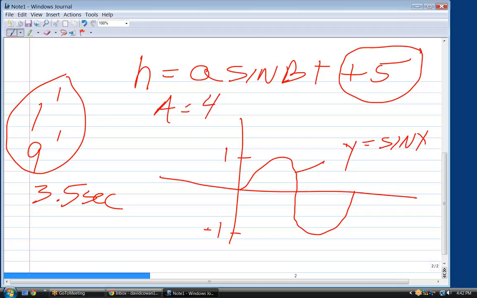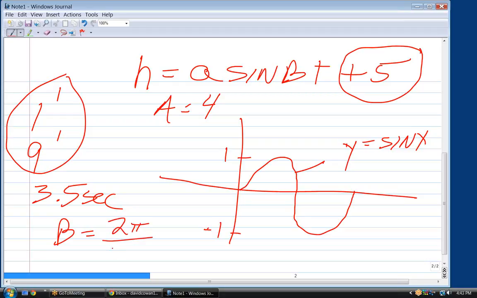Now, how do we get B? If you found the period and then multiply that by 2 pi? B is very simple. It's equal to 2 pi divided by the period.